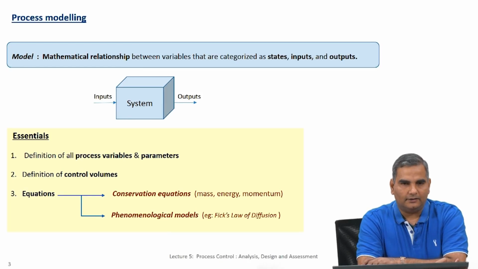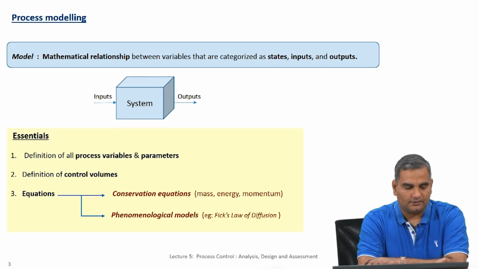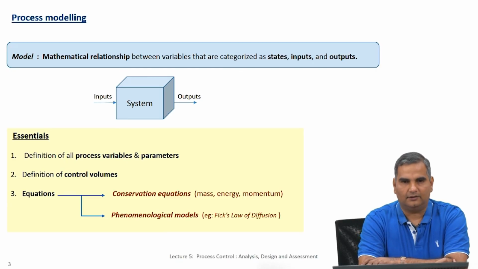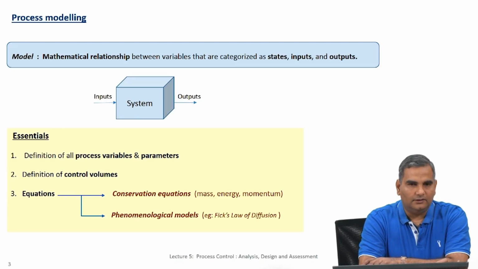To model a system, there are certain steps that you take, and we will describe this in detail now. The very first thing that you do is you define all the variables of interest that you think should be there in the model or participate in the mathematical equations. These are variables that may change over time.